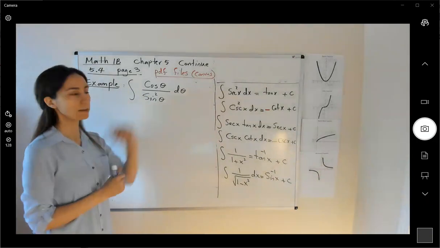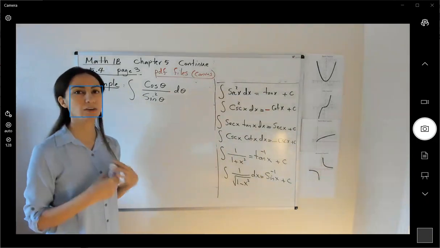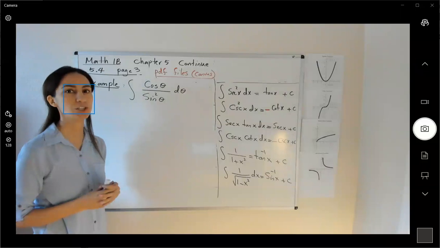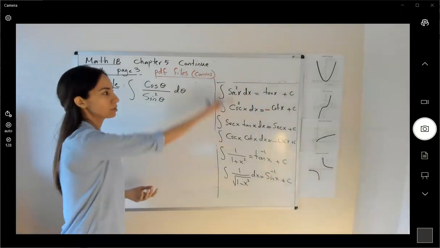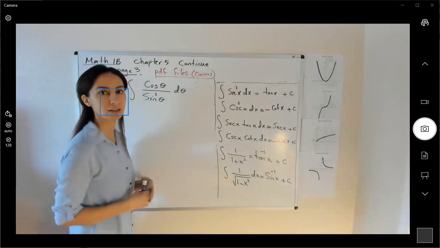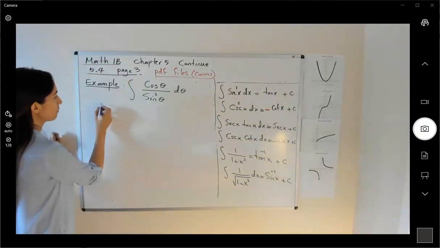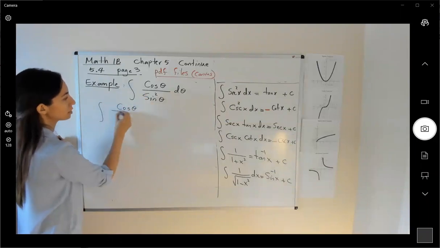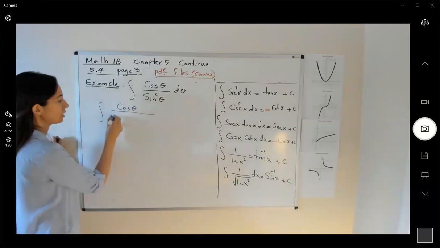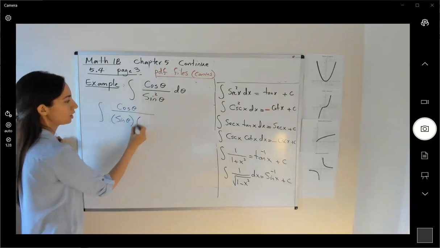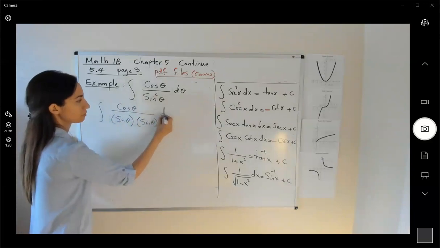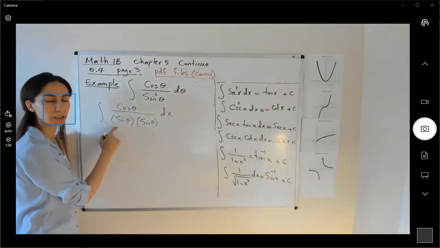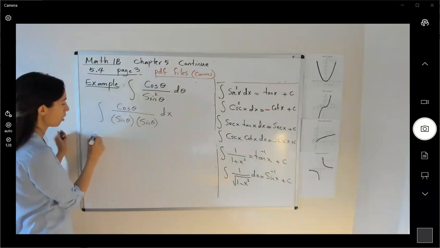Very well. I have cosine, and on the denominator, I have sine squared. Let's try to simplify this quotient expression, see if we can get anything similar to these integrals on the right-hand side. So this can be written as the integral cosine theta divided by sine squared theta is sine theta times sine theta. I know that cosine divided by sine by definition of trig functions is cotangent.